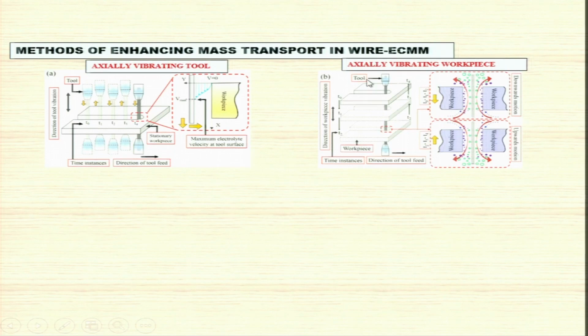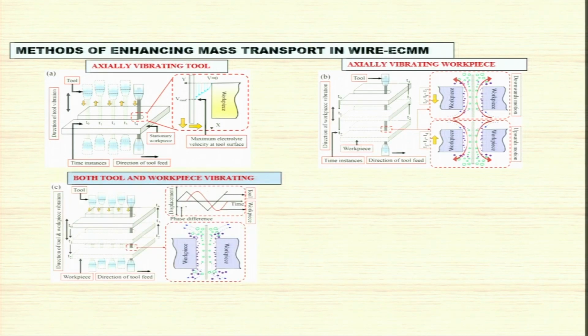This is the tool, that is the wire, and you are supplying the electrolyte over there. This is the workpiece, and you can see how the electrolyte is flowing when you are vibrating the workpiece. The direction of tool feed is in this particular direction, and this is the enlarged view of this part.